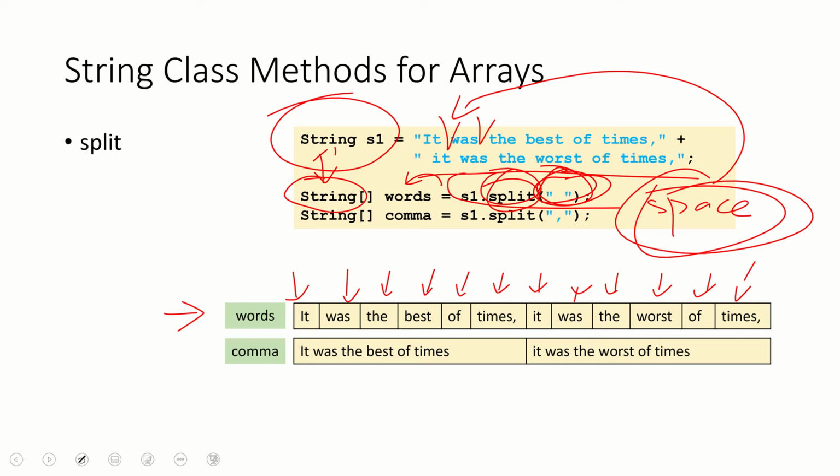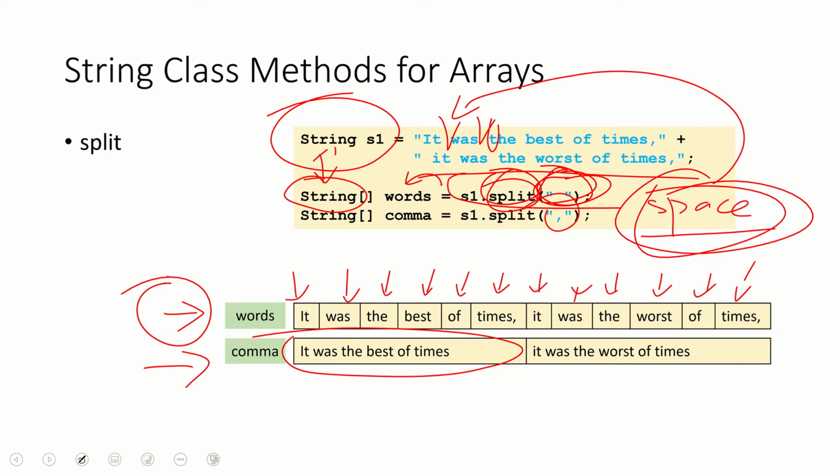Some people use the white space, some people use a special character or a special word to separate the sentence. So in this example, one array uses the white space, and another uses the comma. Using a comma, basically we separate them into two different words. So once you have this, it can help you separate them.